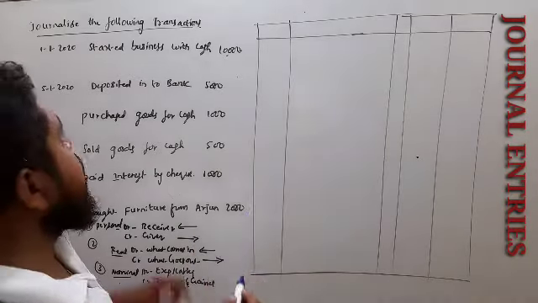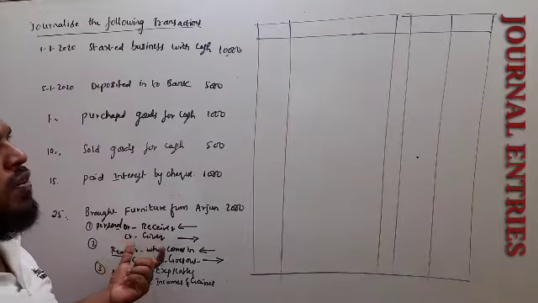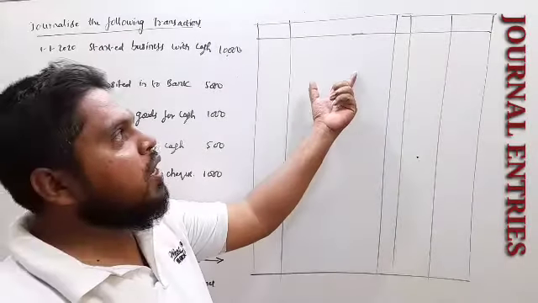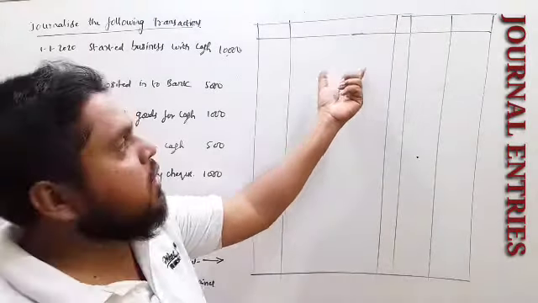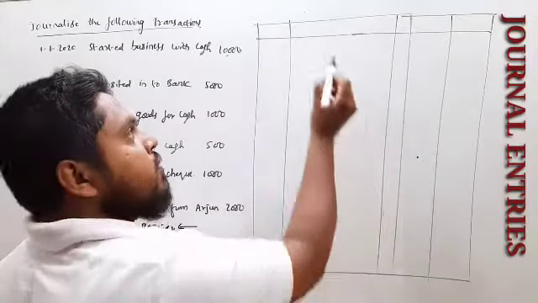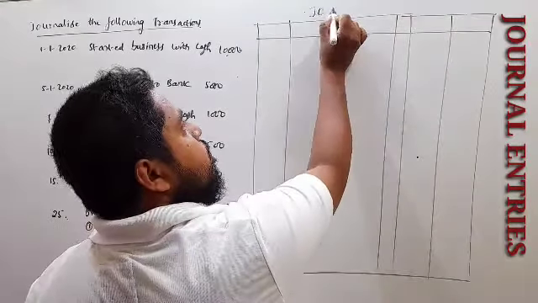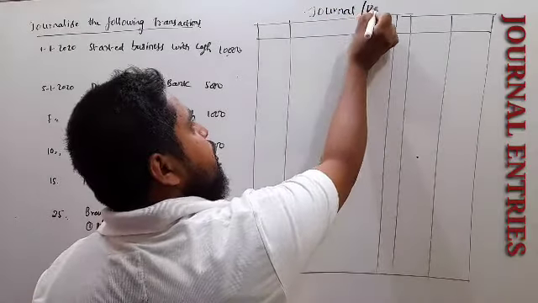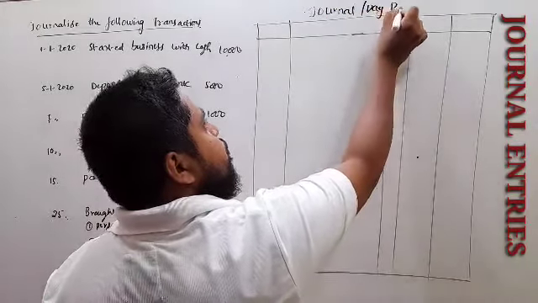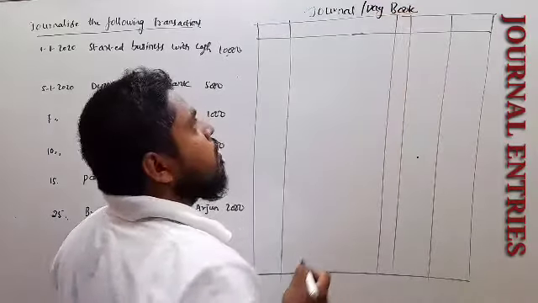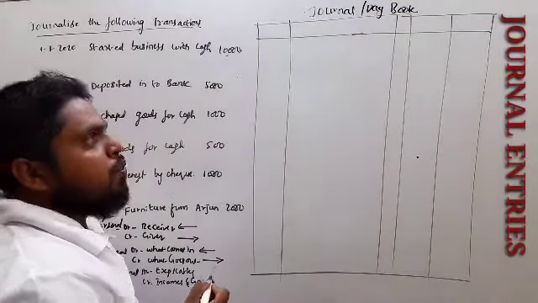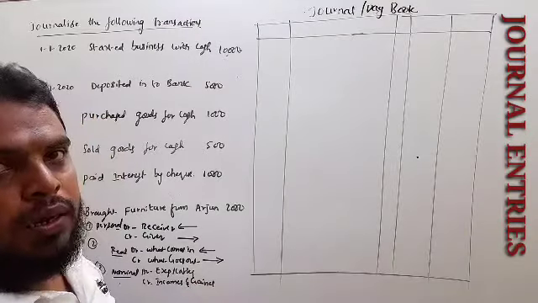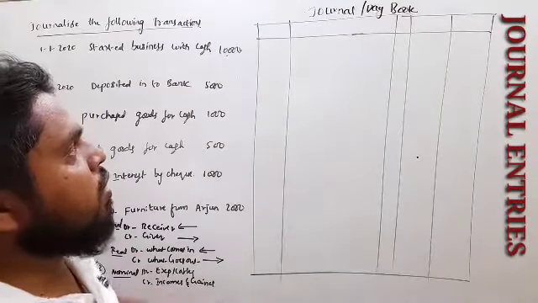Now, with the help of these rules, we have to record the transactions in a format. That format we can call a journal. Journal means a day book, where all types of transactions are recorded.